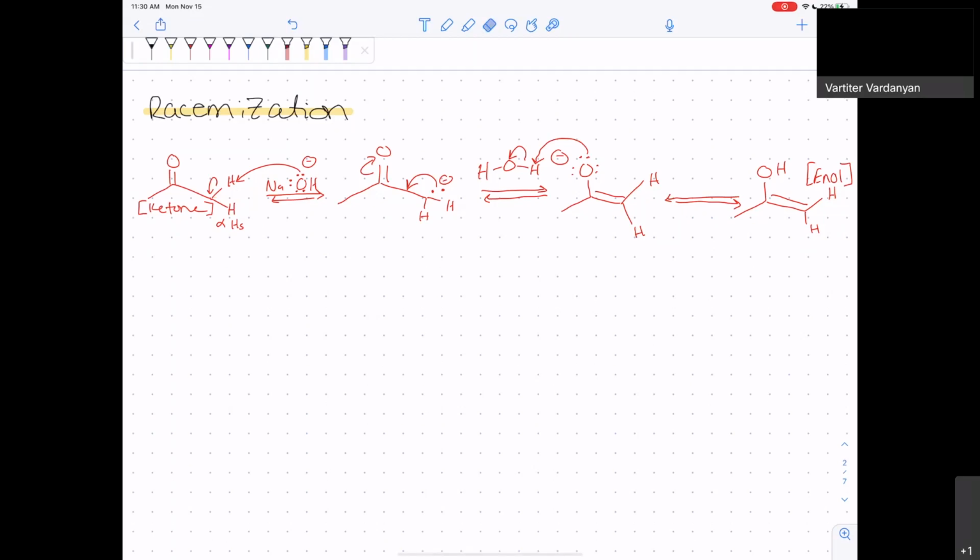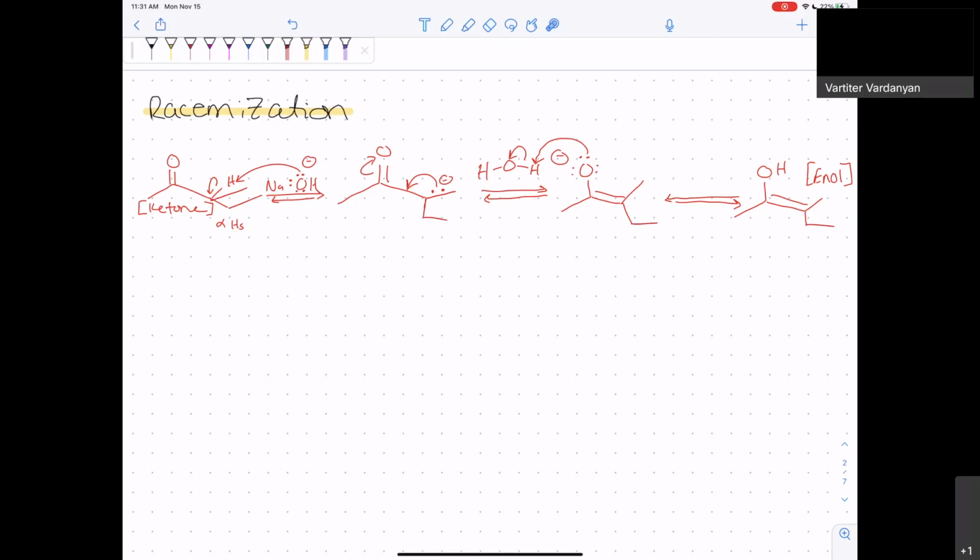But what if we put a methyl group there, and replace that with, let's say, an ethyl group? I should have just redrawn it, to be honest, but that's fine. What have we created here now?